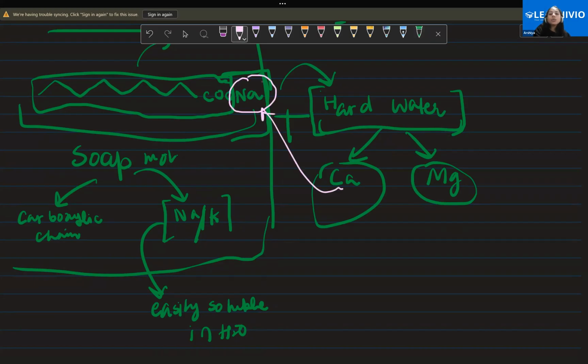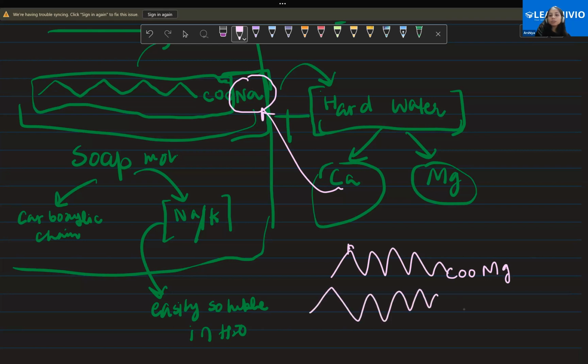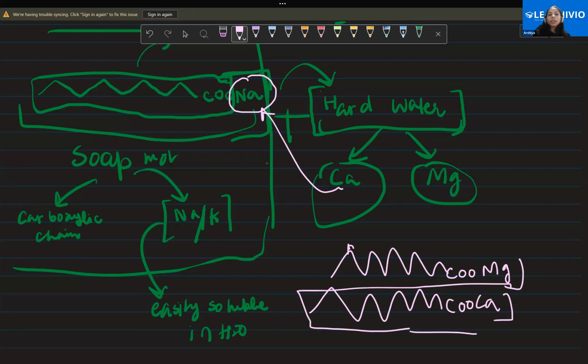So a new salt is formed, either of magnesium with C double O Mg, or C double O Ca. New salts of magnesium and calcium with carboxylic acids are formed, and we do not need that.